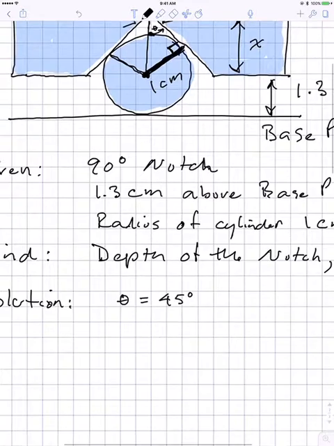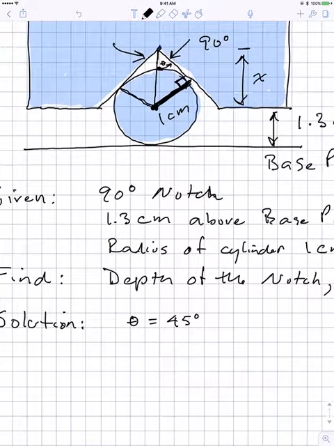From there, we can solve for the overall length. This makes a triangle, where this is the hypotenuse and these are the two sides. We know this side, the opposite side, is 1 centimeter.